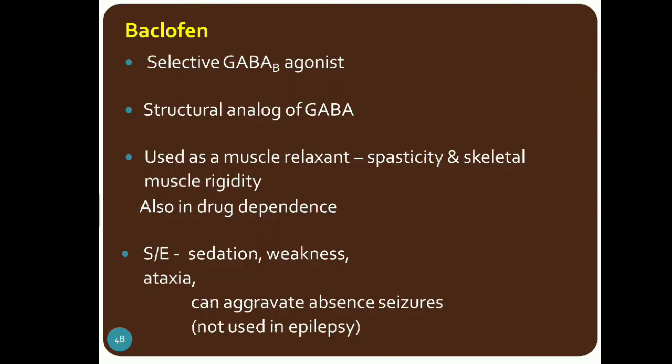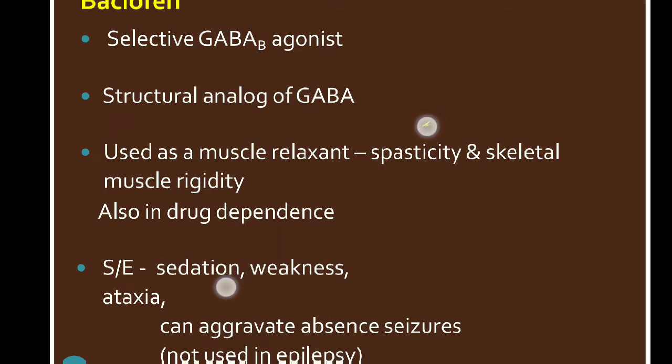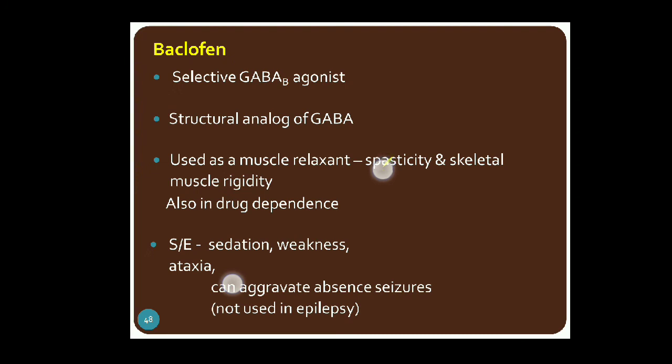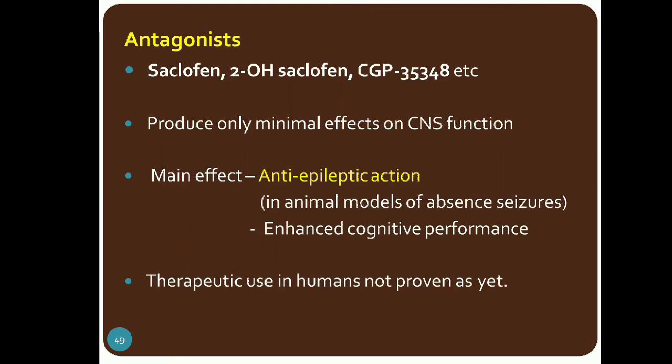Antagonists: phaclofen, 2-hydroxysaclofen, CGP35348 produce only minimal effect on CNS function; the main effect is anti-epileptic action in animal models of absence seizure. Okay, they enhance cognitive performance, but therapeutic use in humans is not proven as yet.